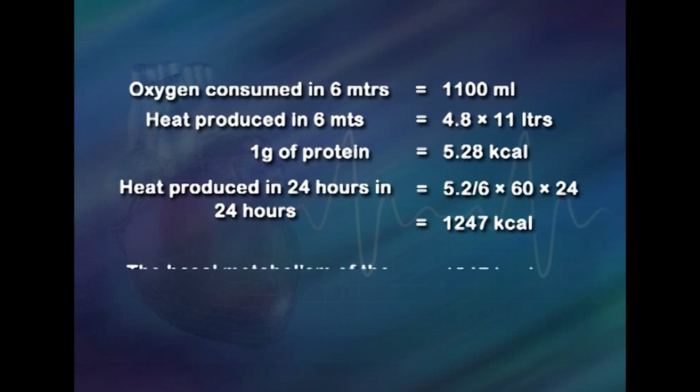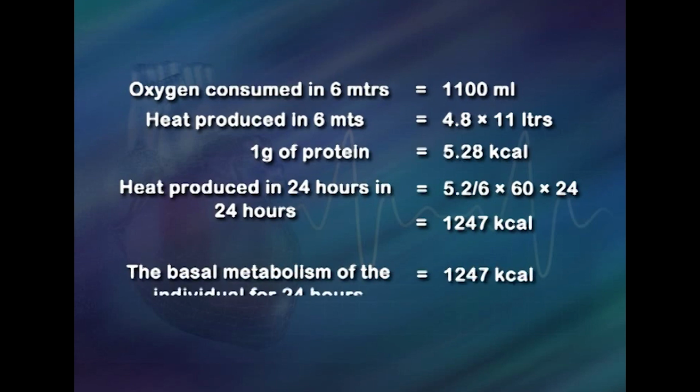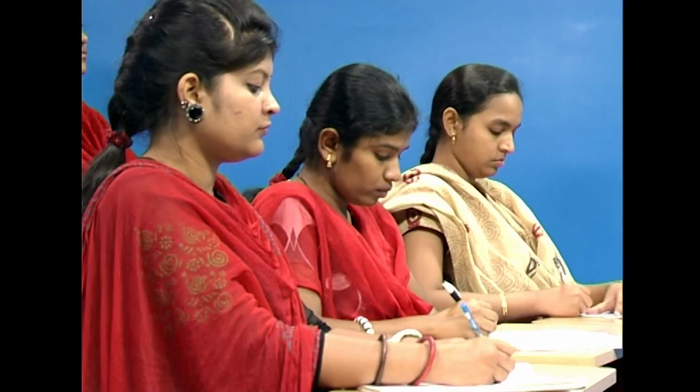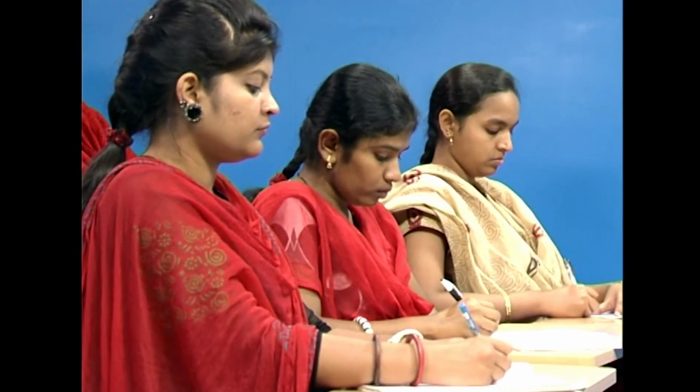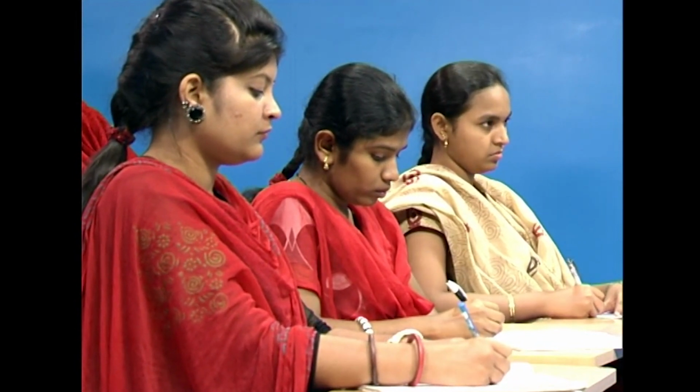That is, for the whole day it comes to 1247 kilocalories. Therefore, the basal metabolism of the individual for 24 hours is 1247 kilocalories, which is about 50 to 60% of the whole day's total energy expenditure.